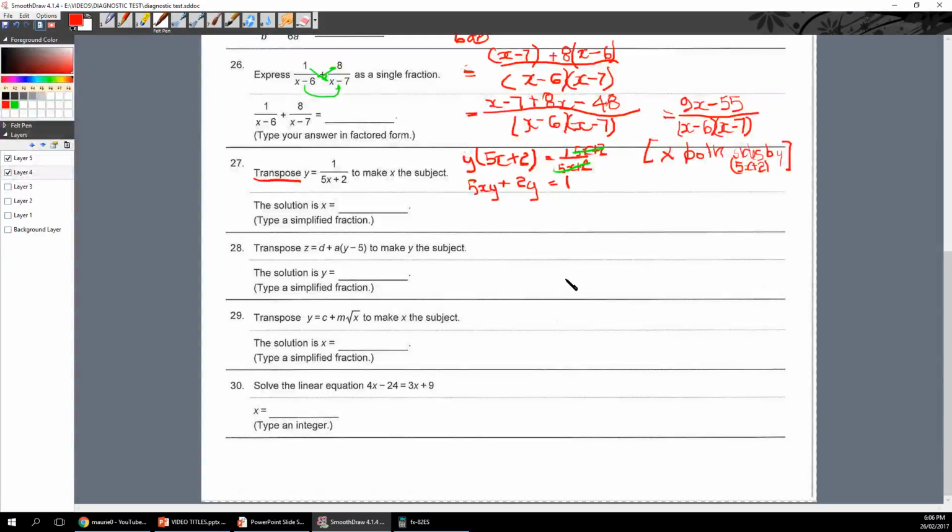The equal sign means that the mathematical sentence is true. So that's still true. All we've done is what we did to one side, we did to the other. We multiplied both sides by 5x plus 2.